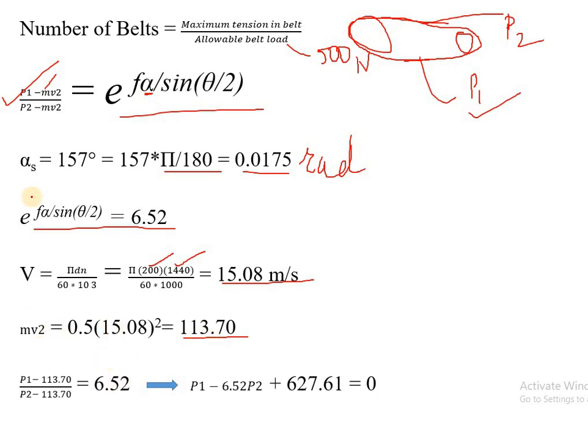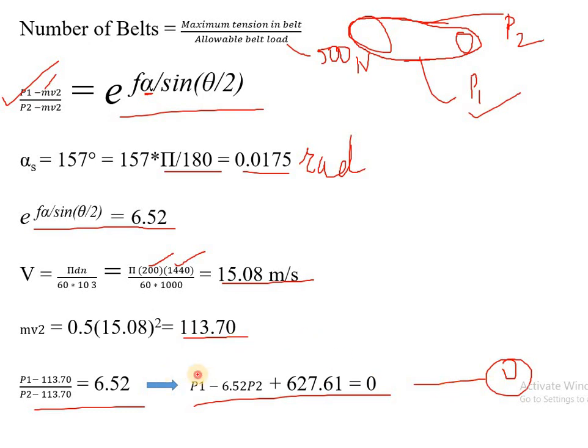Substitute this mv square and this value, and simplify it in terms of the equation: P1 minus 6.52 P2 plus 7.61. On solving you will get this equation. We will call it equation number 1.